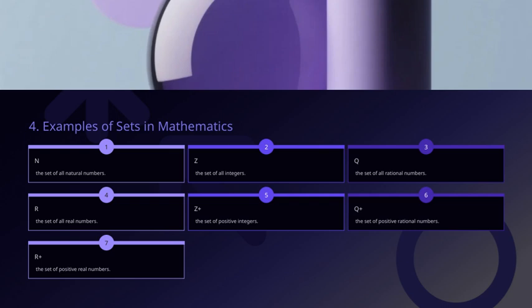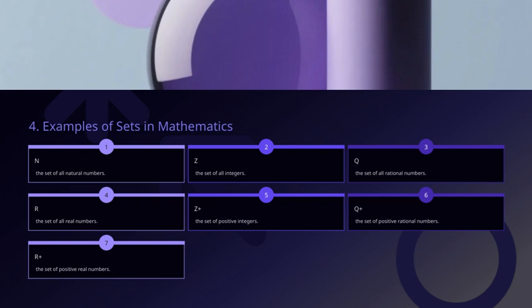The set of all integers, Z, includes positive numbers, negative numbers, and 0, so it's quite comprehensive in that sense. Moving further, R plus is the set of all positive real numbers, encompassing all numbers greater than 0, whether they're rational or irrational.